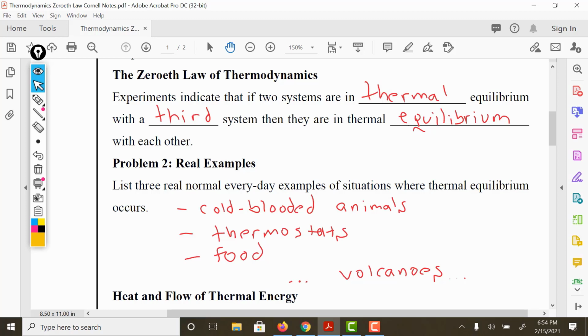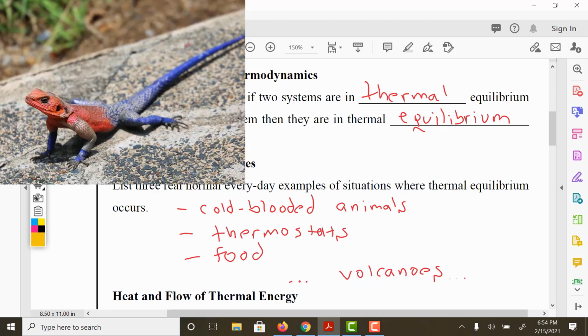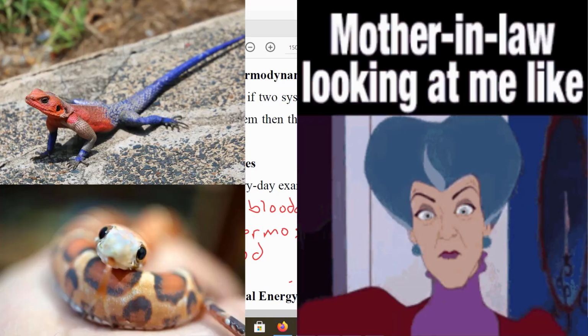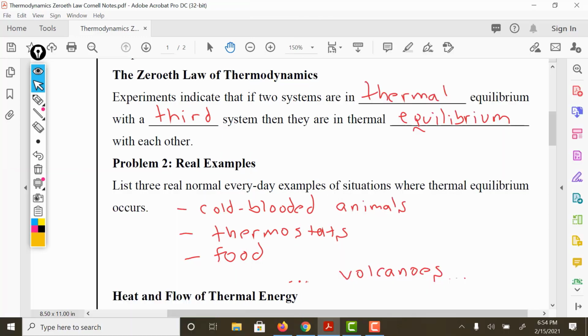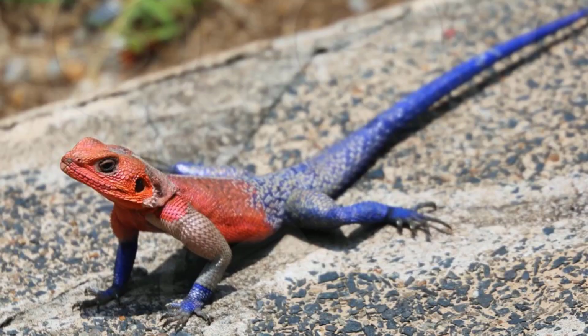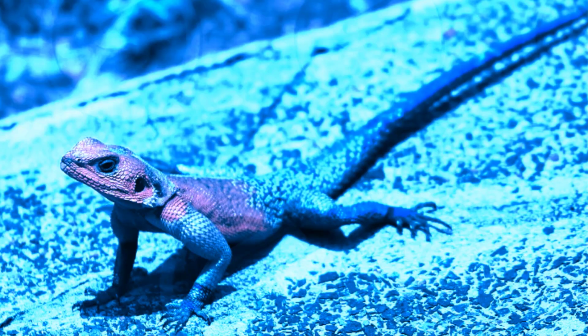So, for example, cold-blooded animals, lizards, snakes, etc., these animals have the same internal temperature as their environment. And so they are in thermal equilibrium with the environment. If it becomes too cold, then they become cold as well.